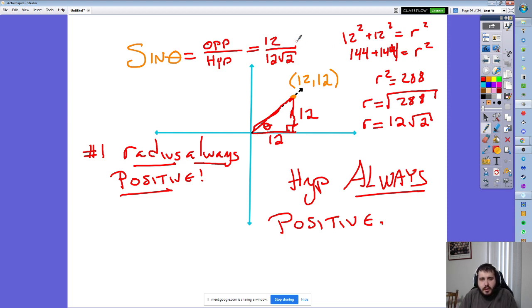Just for GP, hopefully everybody knows the 12s cancel out. 1 over radical 2, and then you can rationalize that denominator and get radical 2 over 2. I will tell you in advance, for me, you don't need to rationalize anymore because we are grown now. We don't need to be doing rationalizing. Rationalizing is great as a skill because sometimes it does help us get things into a form that is more useful.